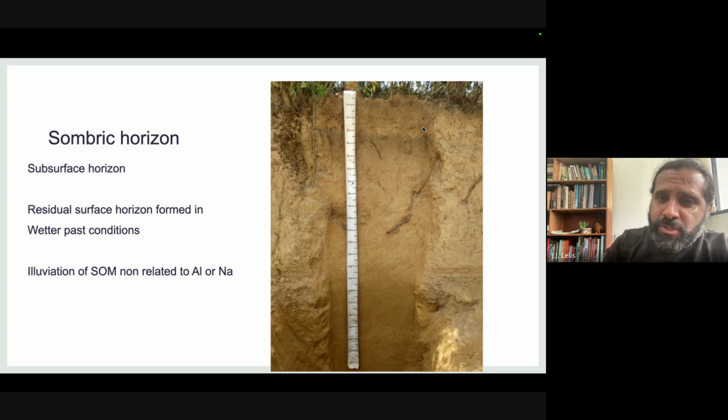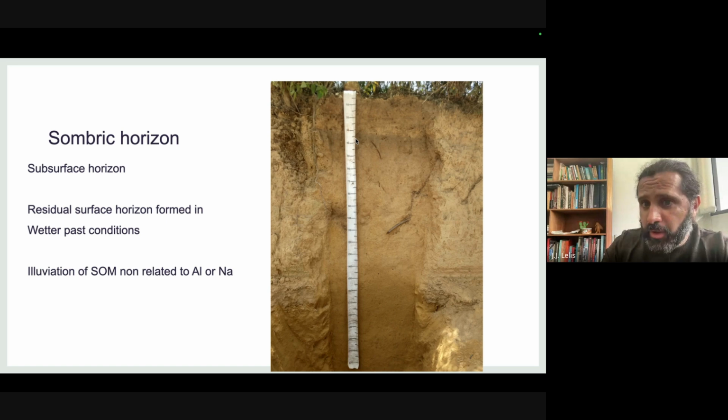Okay, so the surface horizon starts to lose some organic carbon and lose this darkish color. But at subsurface level, this darkish color, this organic carbon, could be preserved because you are quite far from the surface. So the microbiological activity is lower at these depths.